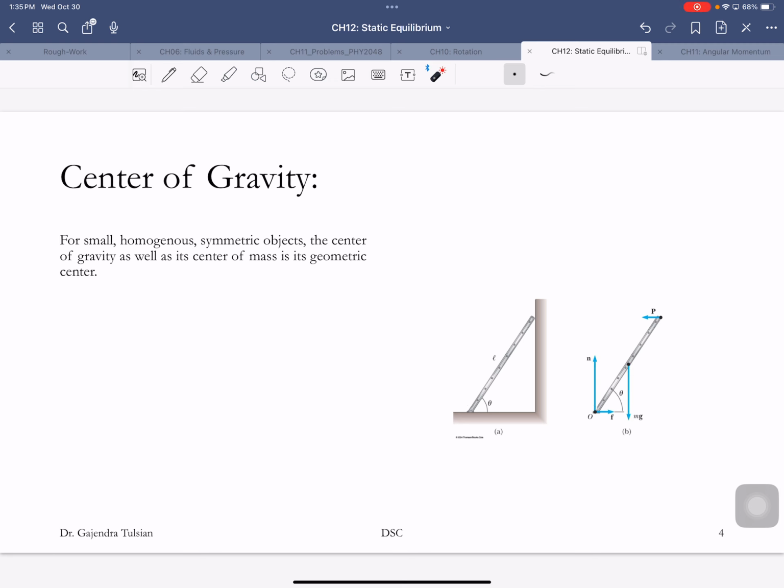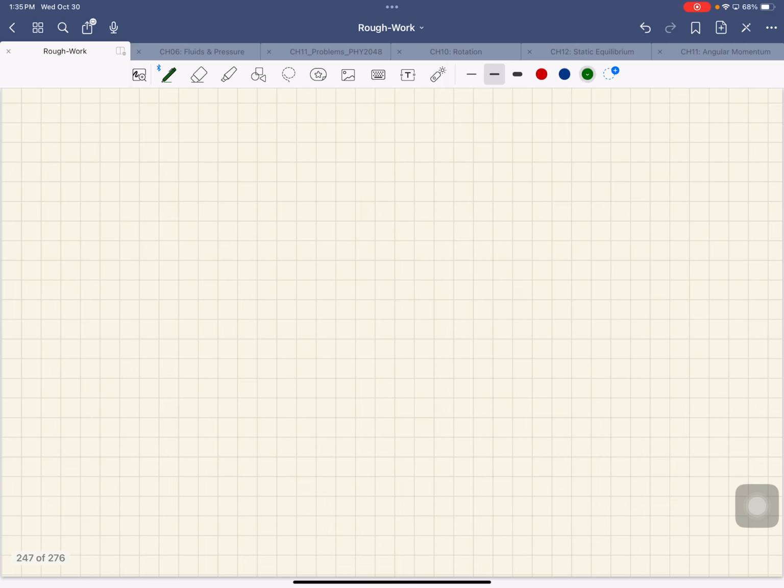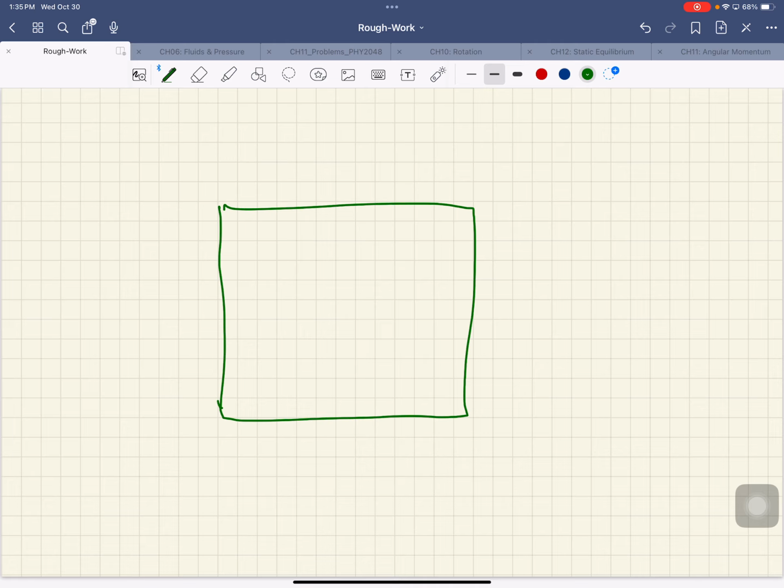Before I do this, we had talked about center of mass. So let's say this is a square plate and it has uniform density. Where is the center of mass of this object? In the center of it. There is the center of mass.